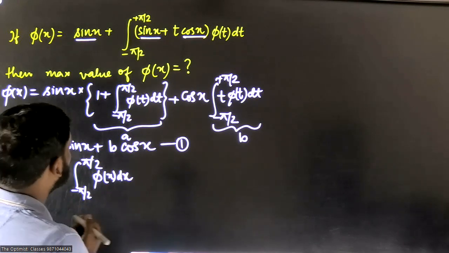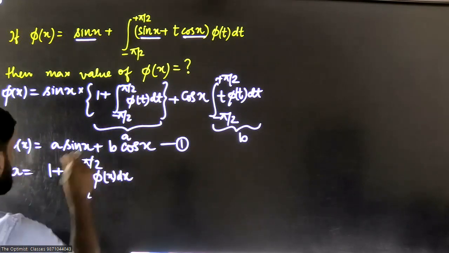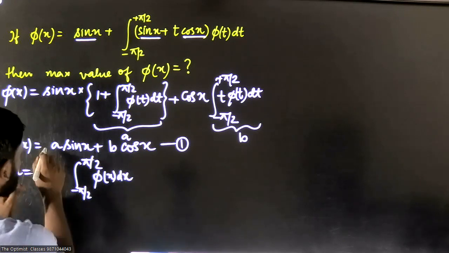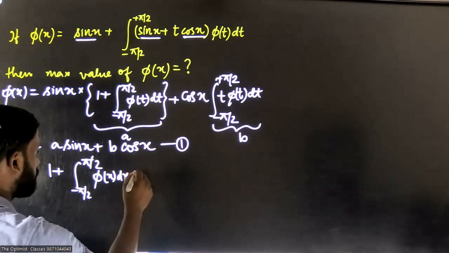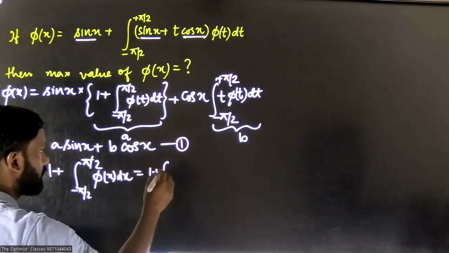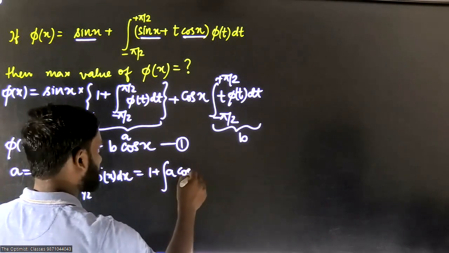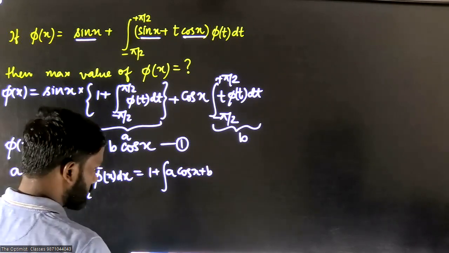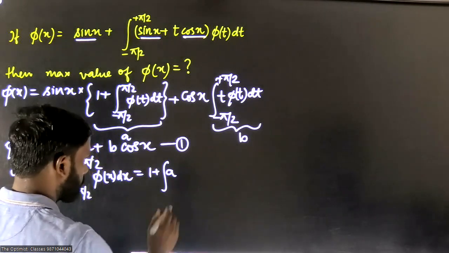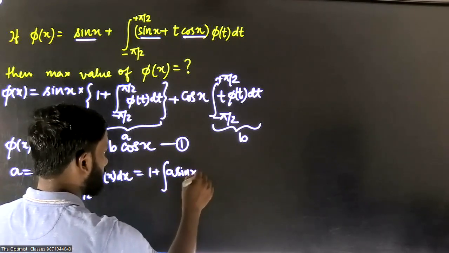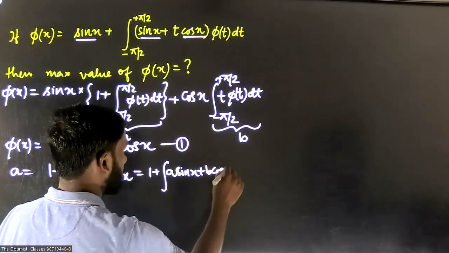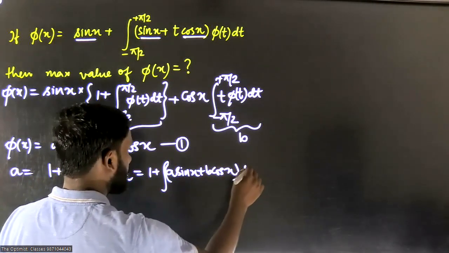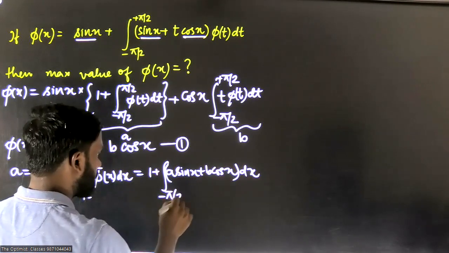Now you see phi of x we have written as a sin x plus b cos x, so we write 1 plus the integral of a sin x plus b cos x dx from minus pi by 2 to plus pi by 2.